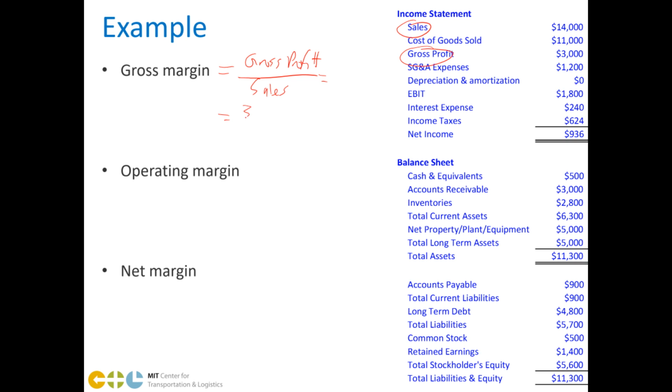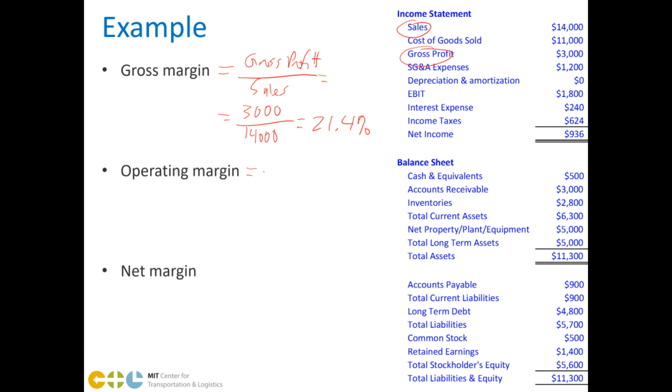Let's go down here, equals 3,000 divided by 14,000, which gives us 21.4%. So roughly 21% of the sales we make comes into gross profit.